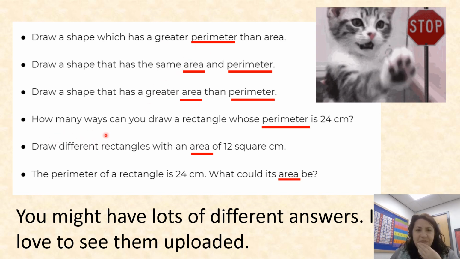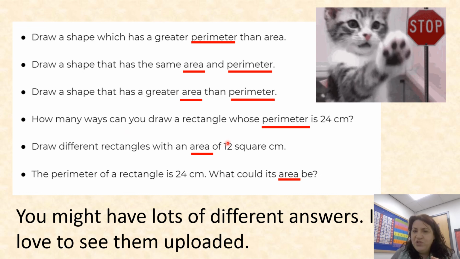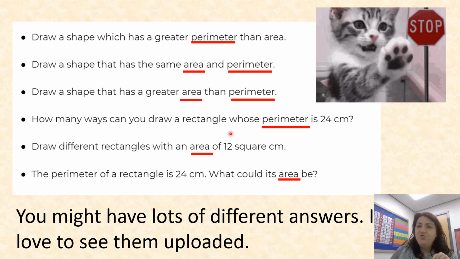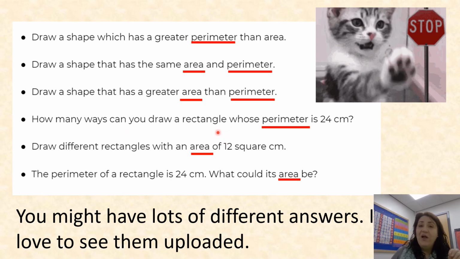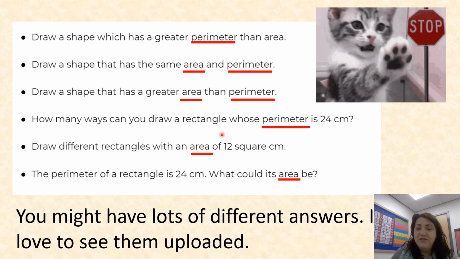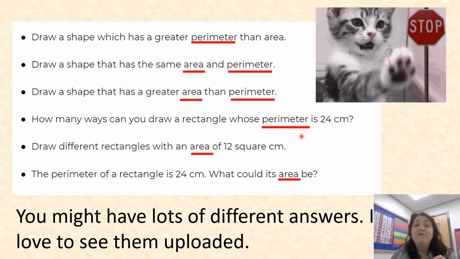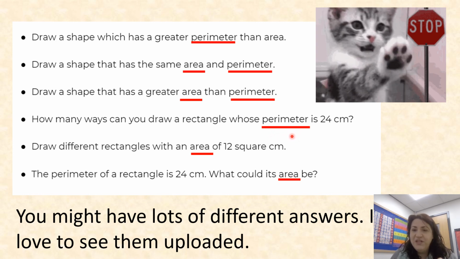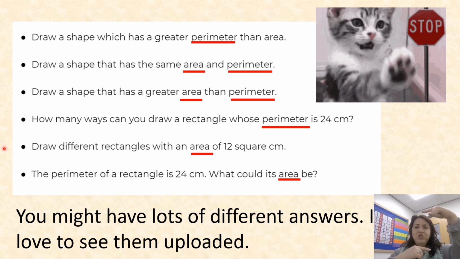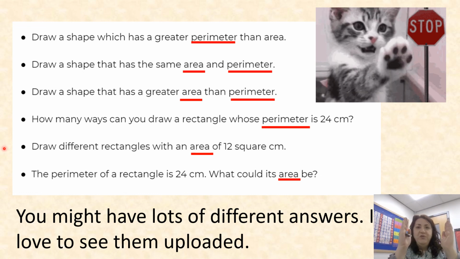Then this one sounds like the one we did earlier, but it's not. Earlier, can you remember we drew rectangles that all had an area of 24 centimetres squared? This time, I want you to draw rectangles where the perimeter is 24 centimetres. Again, use a system. If you had two sides of 1, what would those two be?